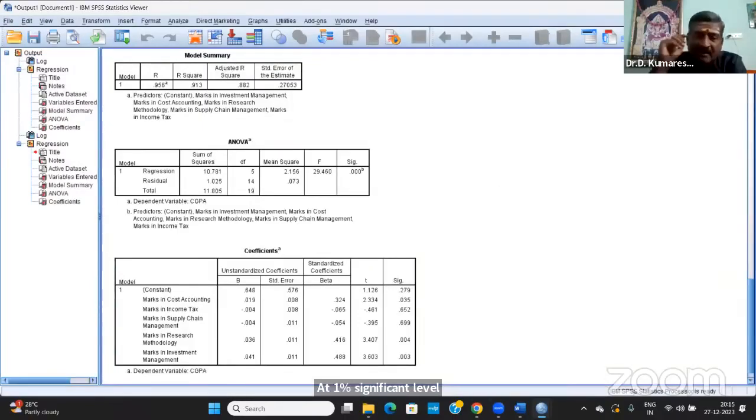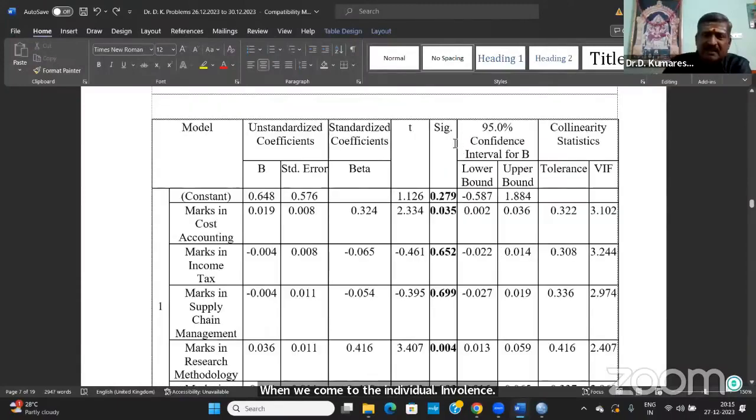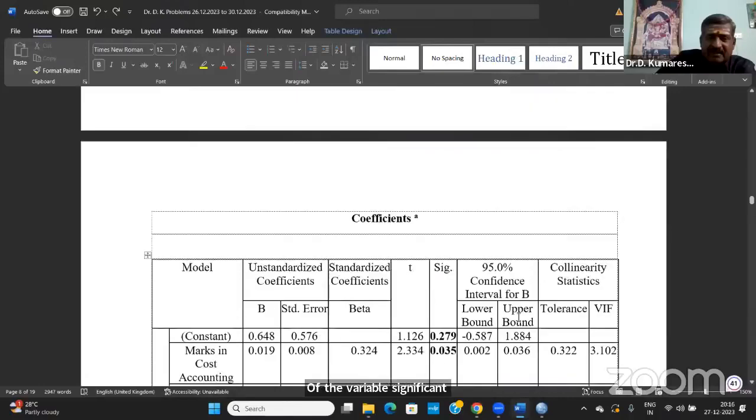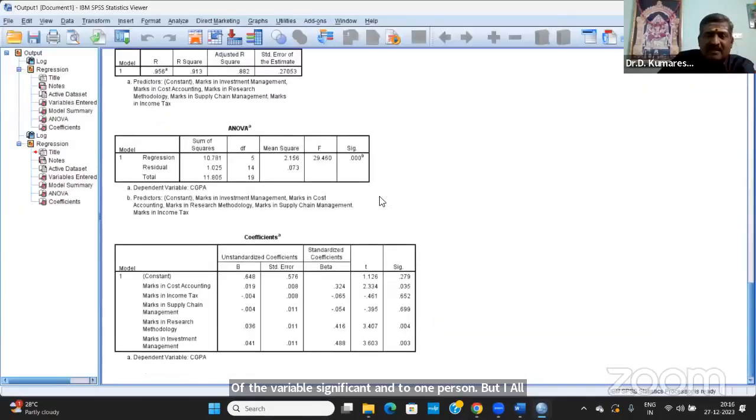When we come to the individual influence, the first variable influences at 5%. The second variable is not significant. The third variable is not significant. The fourth variable is significant at 1%. The fifth variable is significant at 1%. But altogether, the variables are influencing at a significant level. That's all.